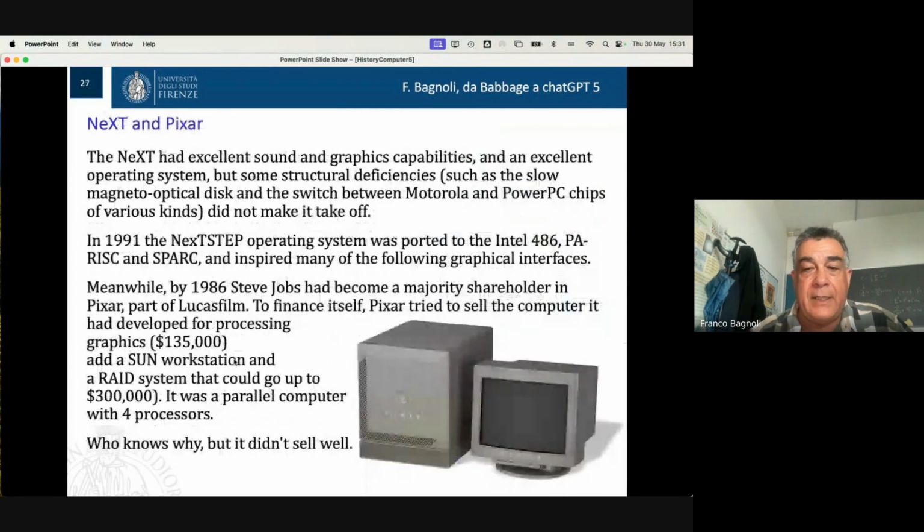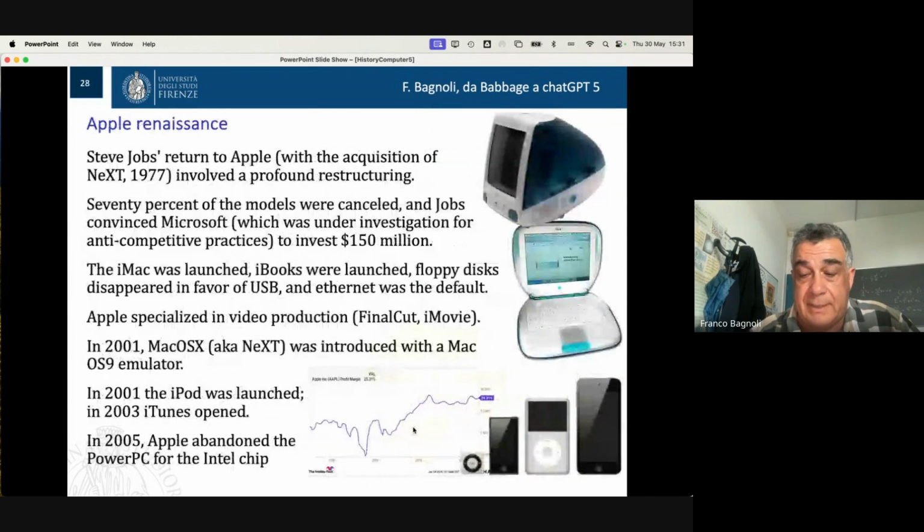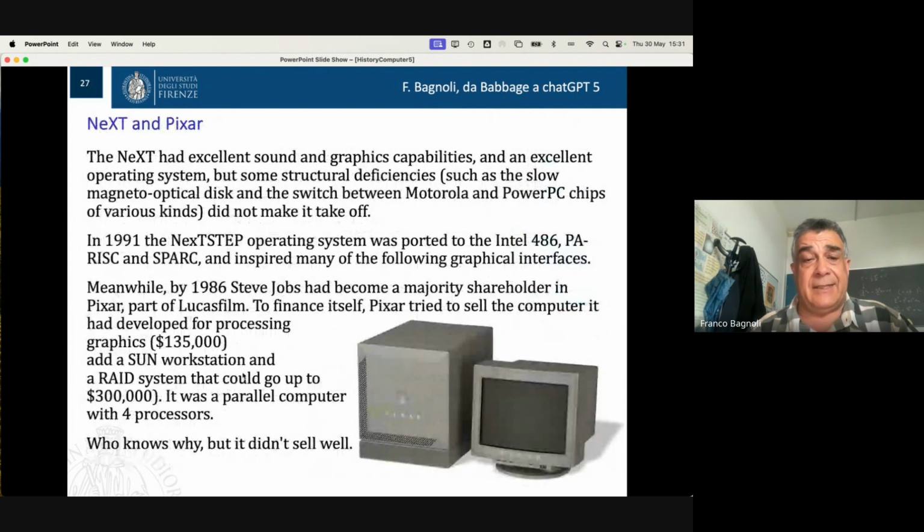First of all, it produced a cheap, dedicated computer for video. Essentially, it was a computer aimed at animation. It was clearly the core of Pixar, and it needed another workstation, a Sun workstation, just to behave as a front end. It cost a lot of money, but it sold a certain number.